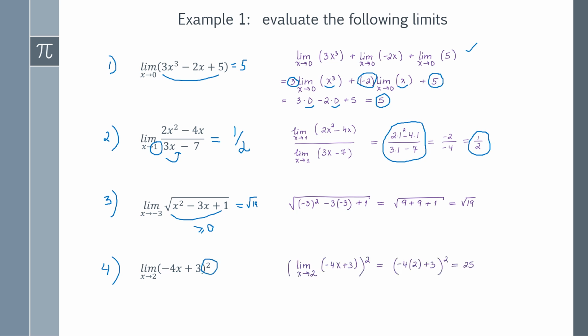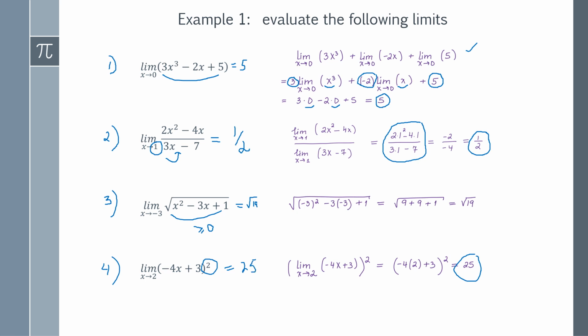I'm going to write it as the limit of -4x plus 3 as x goes to 2, raised to the second power. So I took that power out. Now I'm going to evaluate my expression at 2 and then raise that to the second power. We get -8 plus 3, that's -5 squared. That would give us 25.